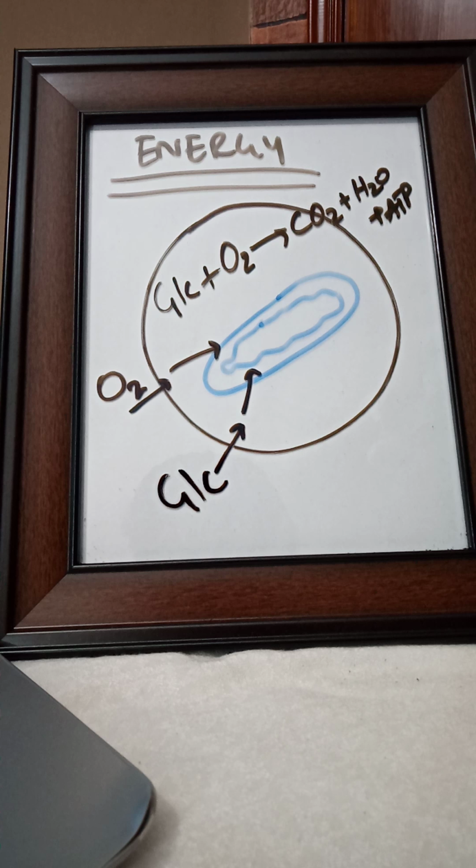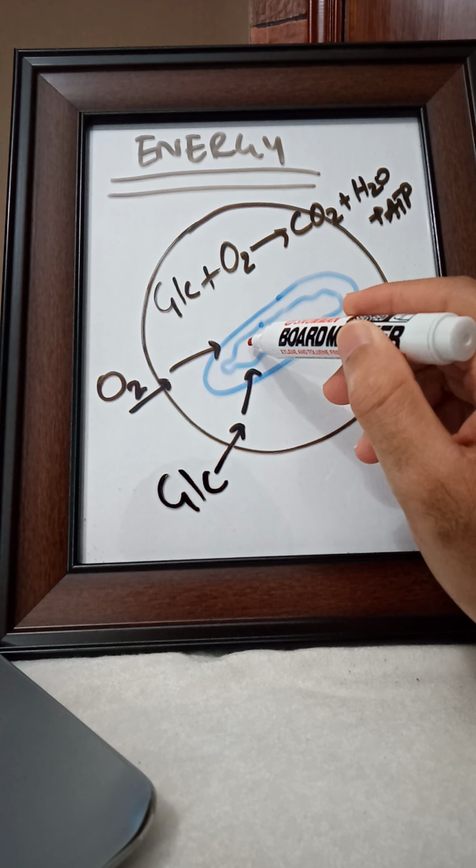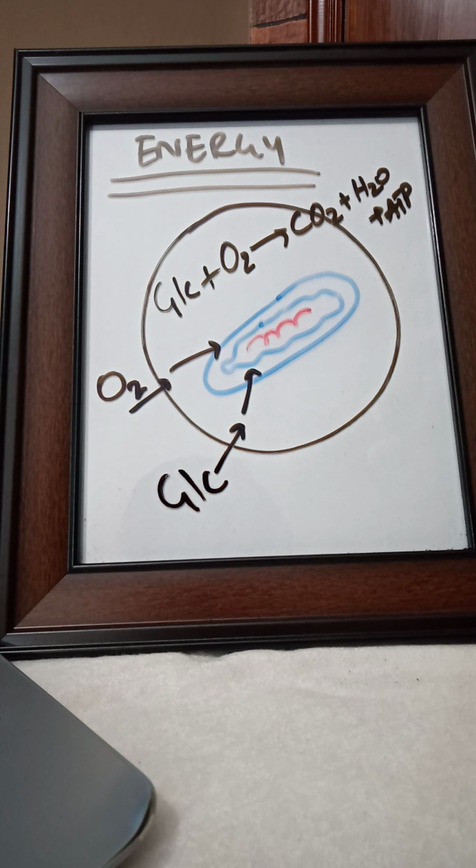And studies have shown that the mitochondria also contain DNA inside. We remember that the nucleus is the one that contains DNA. It is fine. But the mitochondria also contain their own DNA. And this study tells us that evolutionarily, these mitochondria were actual bacteria.